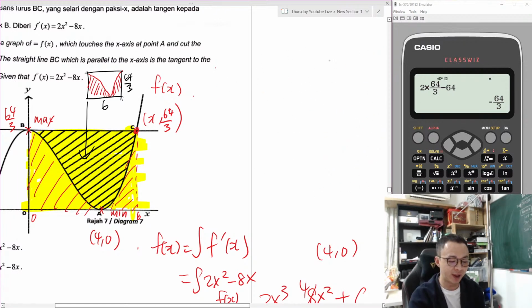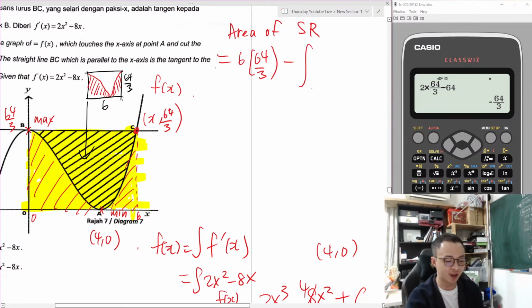So the area of shaded region equals the rectangle, 6 multiply 64 over 3, minus I integrate the equation of the curve from 0 to 6. I integrate the original equation: 2x cubed over 3 minus 4x squared plus 64 over 3.